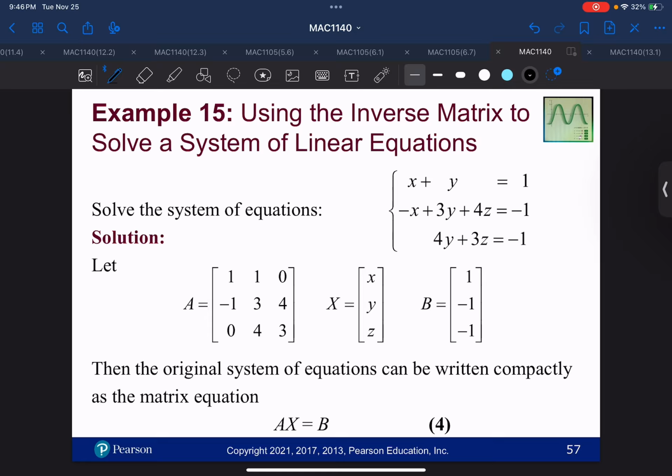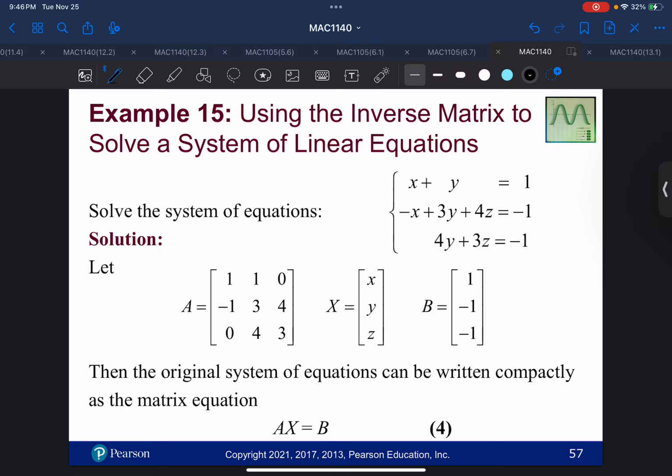So we are going to learn how to use the inverse matrix to solve a system of linear equations. So this system of linear equations can be written kind of as a product of 3 matrices. So the first, matrix A, will be the coefficient matrix, or the matrix that only has the coefficients on the left.